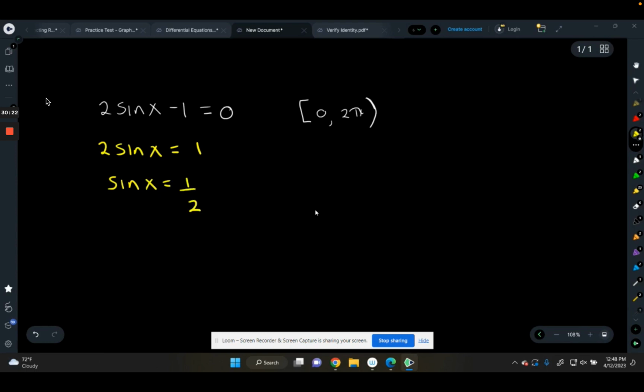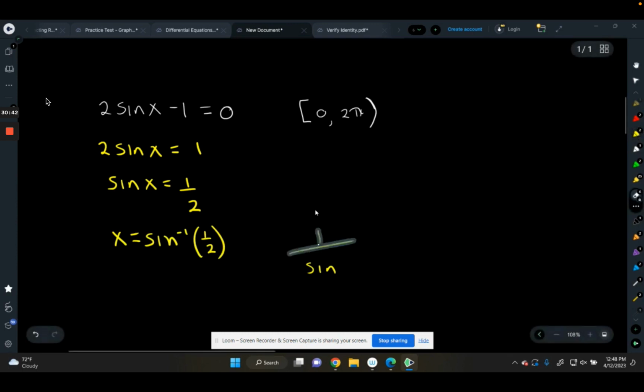Okay. Now we want x by itself. So that means we're going to take the inverse sine. So x is equal to the inverse sine of 1/2. Remember, that is not 1 over sine. The inverse sine is not 1 over sine. So it's the inverse sine of 1/2.